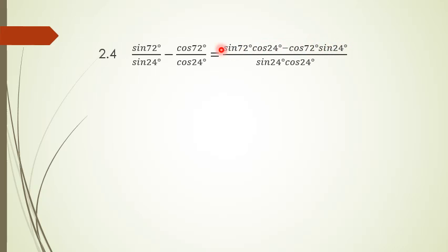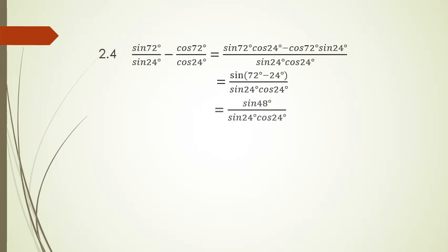Now observing this, we see the pattern sine A cos B minus cos A sine B, which is the right hand side of one of the compound angle formulae for sine. So applying that in reverse, it says we subtract the angles. So that is equal to sine 72 degrees minus 24 degrees all over sine 24 degrees cos 24 degrees.